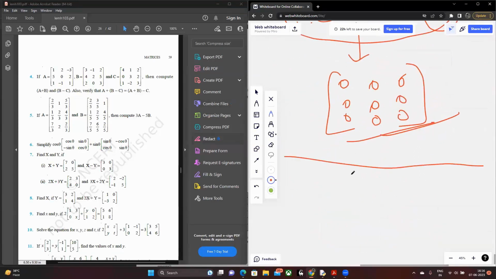And now going to the 6th question. Simplify cos theta into this plus sin theta into this.